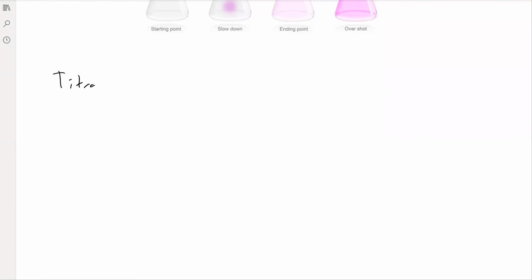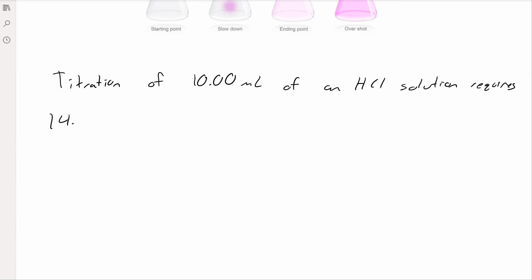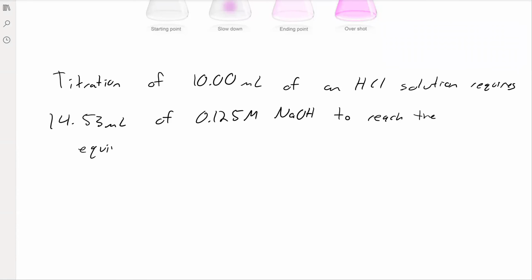A titration of 10.00 mLs of an HCl solution requires 14.53 mL of 0.125 molar NaOH to reach the equivalence point, which is our ending point, when our solution turns a light pink.